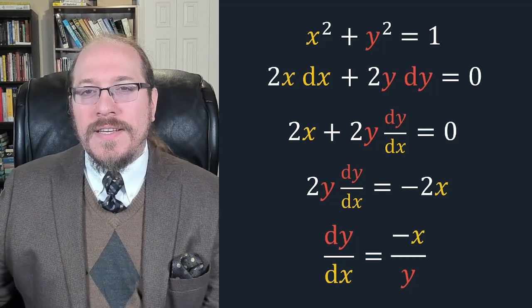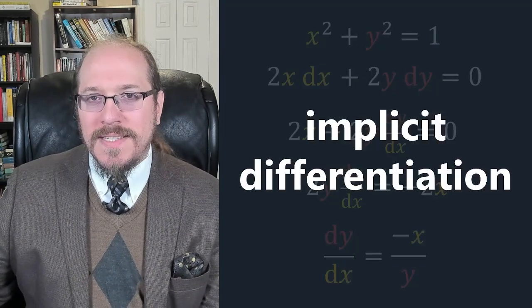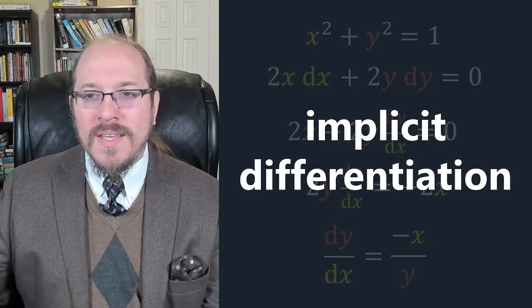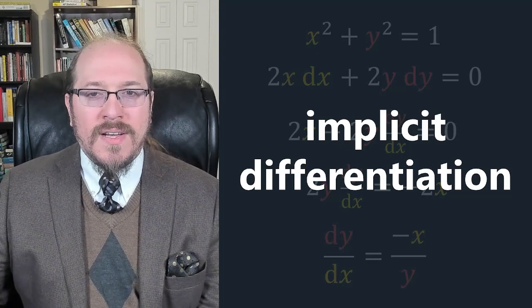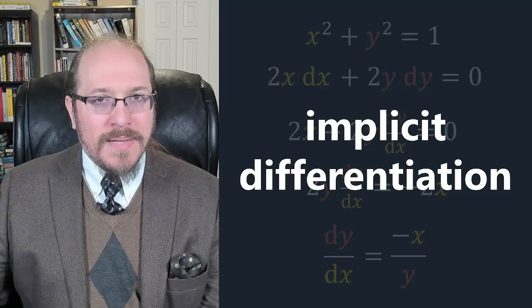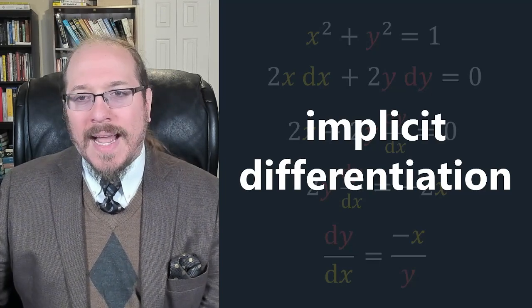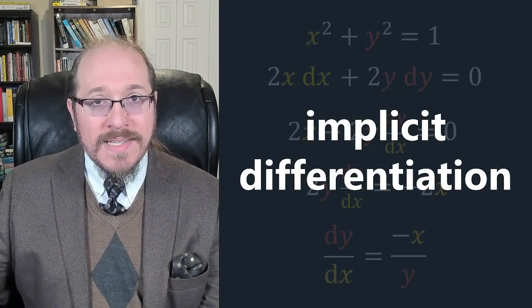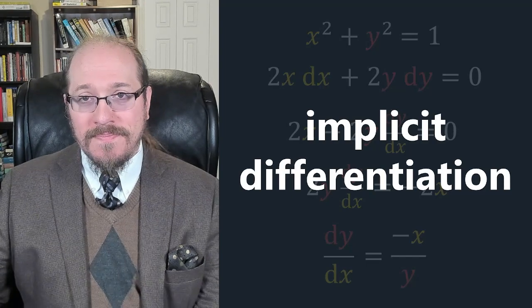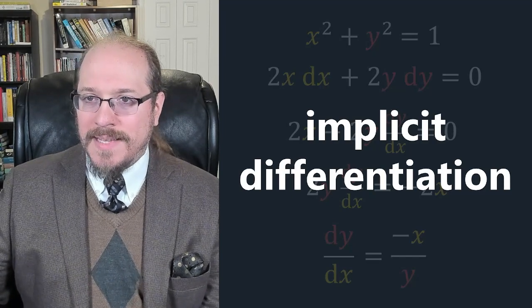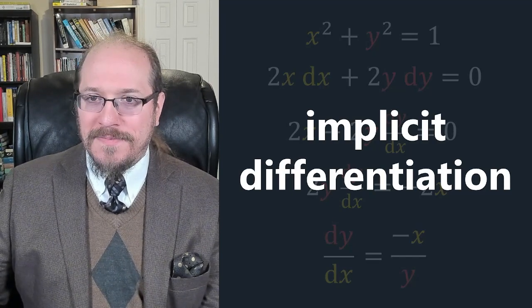The technique we just used is called implicit differentiation, since it lets us find the derivative when our equation is an implicit equation, where you don't have to have one variable isolated in terms of the other one. But as with many things in math, there's a trade-off.